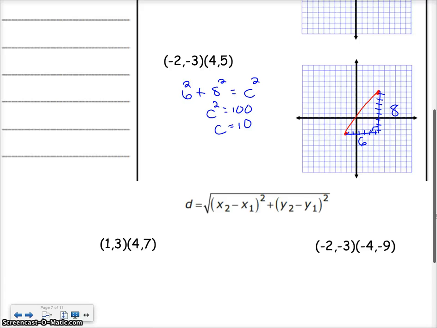Plus, how far apart are my y's? They were 8 apart, square it. So then I added them together, that's what I got there. And this very big, fancy, long square root symbol is really just saying at the end, take the square root. So do this, and then take the square root of it. That's what we've been doing, just in formula. Now we're going to do it with a formula.